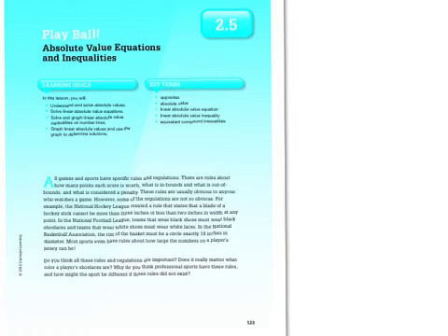And when we talk about determining solutions, we're going to have a situation where we're going to have multiple solutions to these. Then the key terms we're going to deal with: opposites, absolute values, the linear absolute value equation, linear absolute value inequalities, and equivalent compound inequalities.